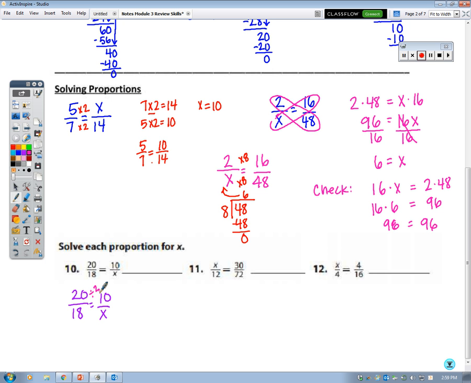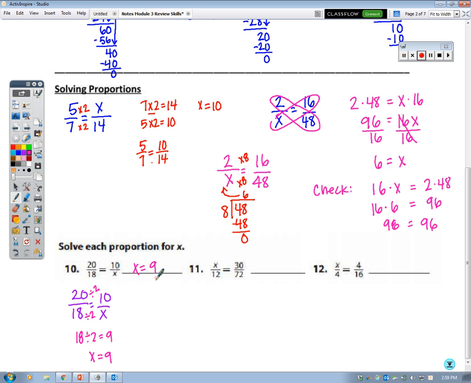So 18 divided by 2 would give me x. 18 divided by 2 equals 9. So that means that x should equal 9. I can plug that back in and check and make sure that is correct. But x equals 9. Pretty easy peasy, right? Okay, so 20/18 equals 10 over 9.